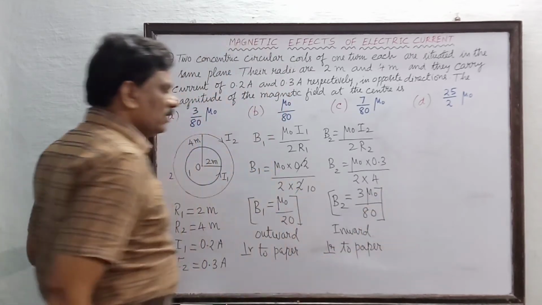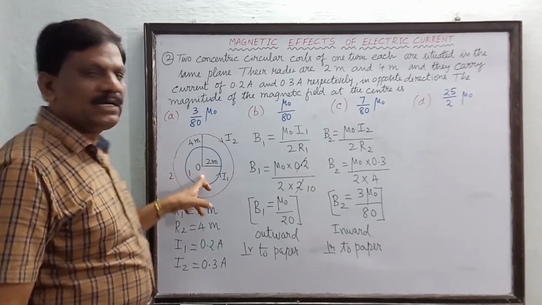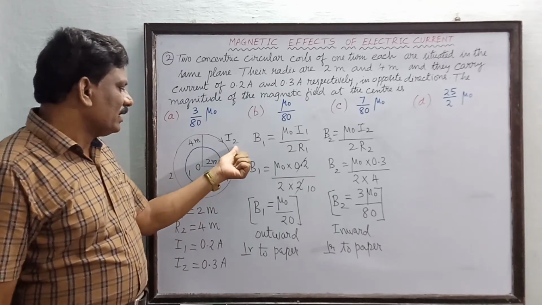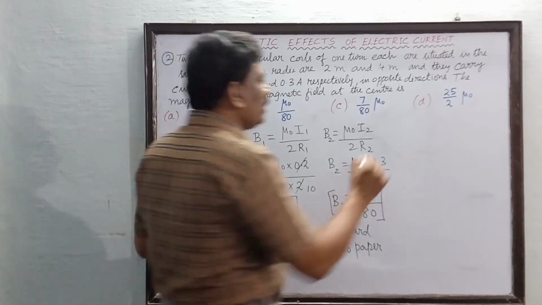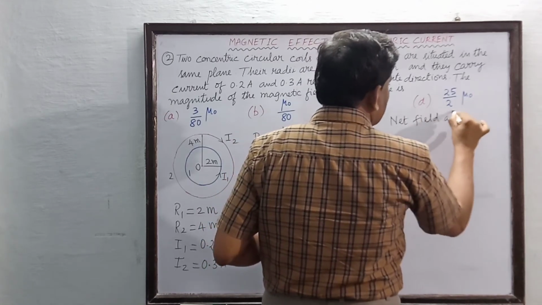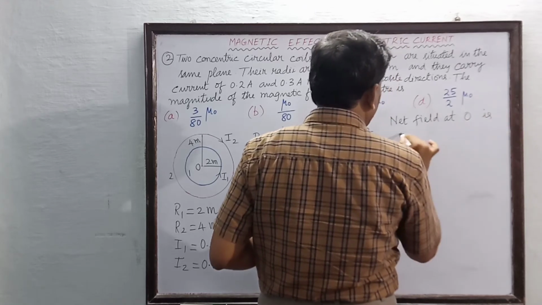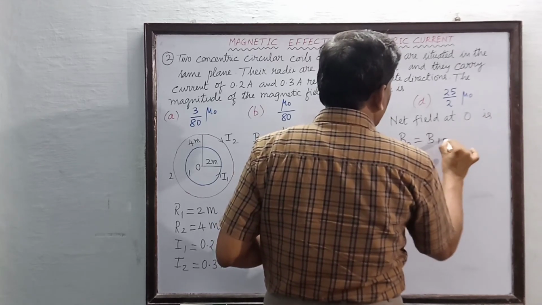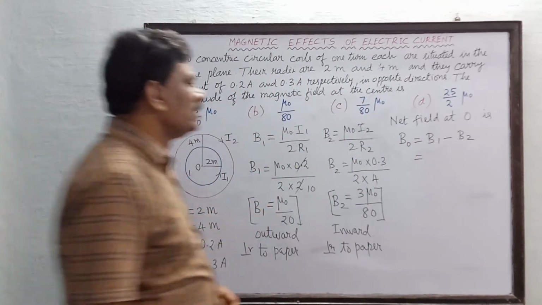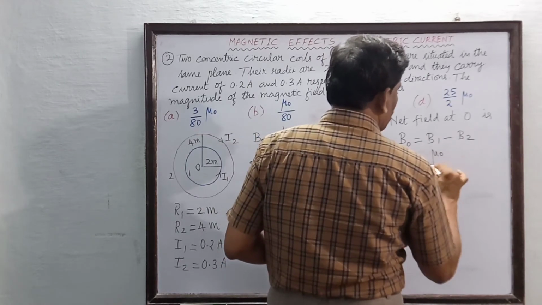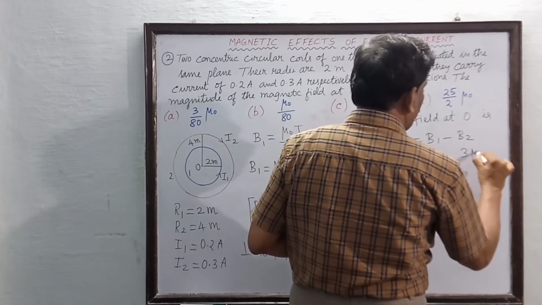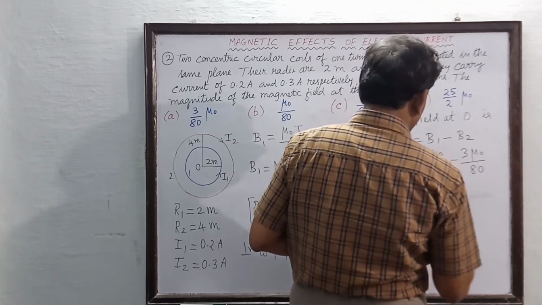Now we have to find the resultant field. At O there are two magnetic fields: one due to the smaller coil carrying current I1 and the other due to current I2 flowing in the larger coil. Therefore, the resultant magnetic field at the center O is given by BO, which is equal to B1 minus B2. Substituting, this is mu naught divided by 20 minus 3 mu naught divided by 80.